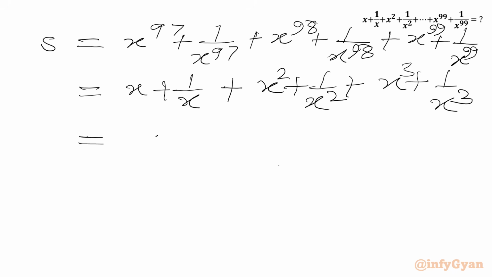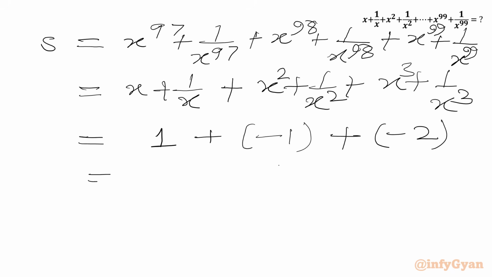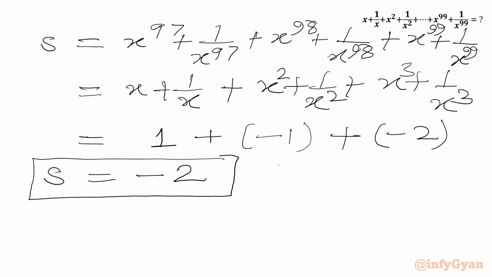So here I can put the value x plus 1 over x equal to 1, plus x square plus 1 over x square is minus 1, plus x cube plus 1 over x cube is minus 2. So we are going to get our answer S equal to minus 2 by periodicity of equations.